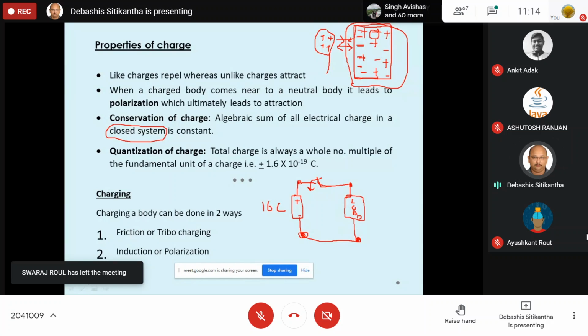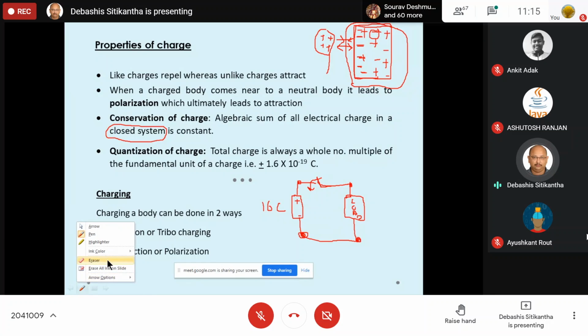Now, before switching on this switch, let us say this wire contains positive 1 coulomb of charge and this wire contains minus 2 coulombs of charge. And let us say this load itself is charged and has 4 coulombs of charge.